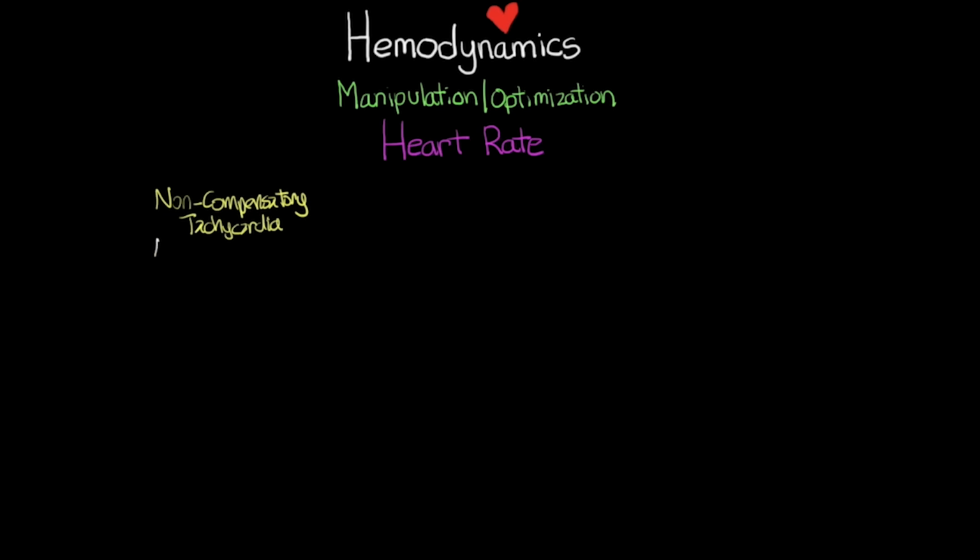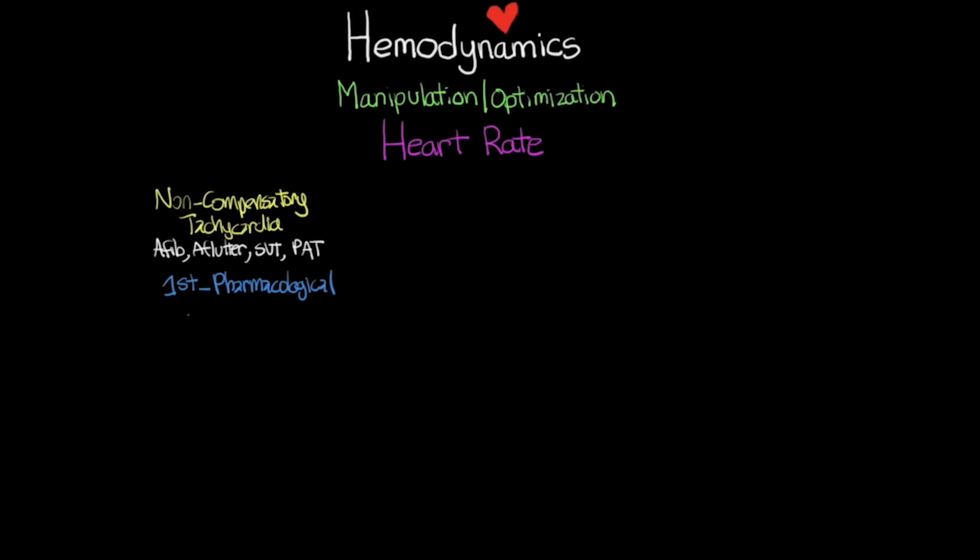And these are going to be our AFibs, aflutter, SVT, and our proximal atrial tachycardia. And so with all of these, our first line treatment is going to be pharmacological.